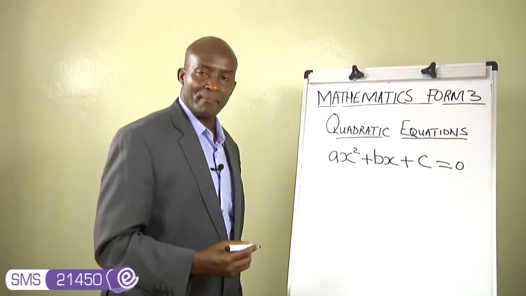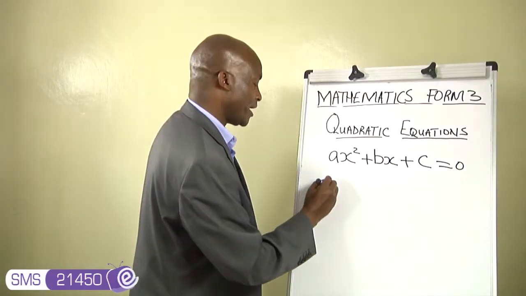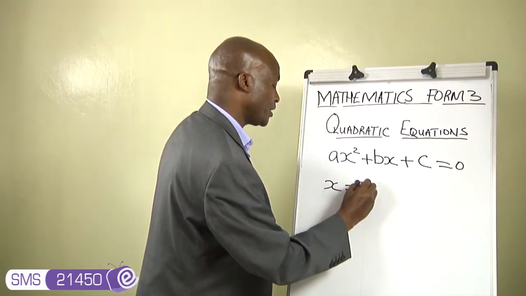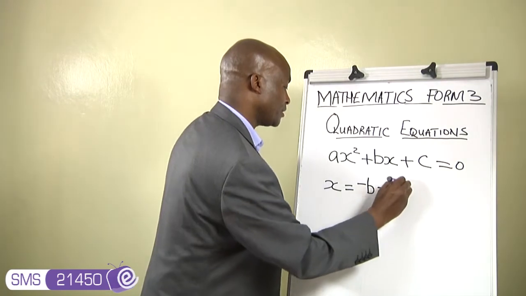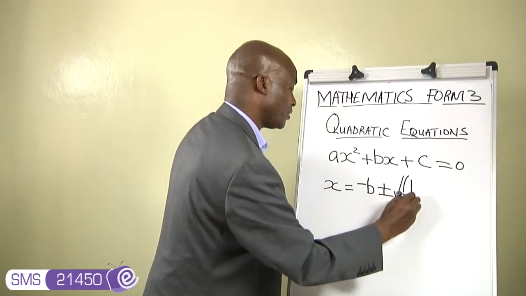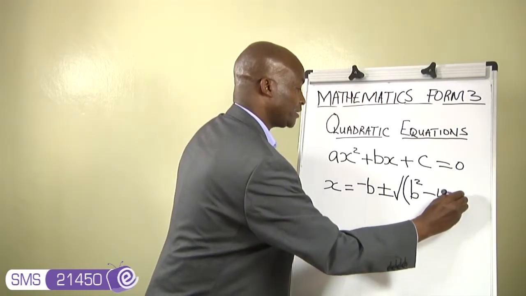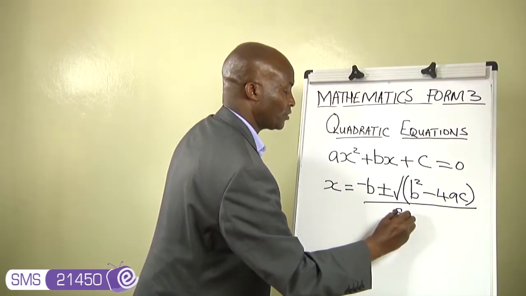If you still remember, the quadratic formula is given by x equals negative b plus or minus the square root of b squared minus 4ac, all divided by twice a.